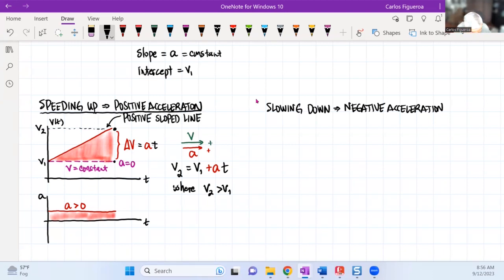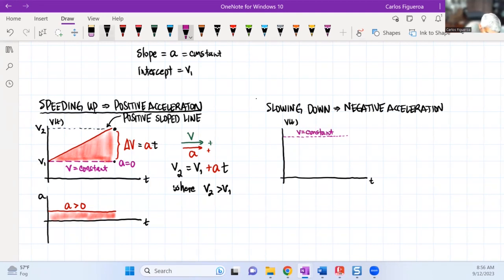So now let's do the same thing. So now here is my graph. And again, I have my velocity curve. And what am I seeing here? I still have my same line, this line right here, and I'm going to say that this line represents my V equal to a constant.